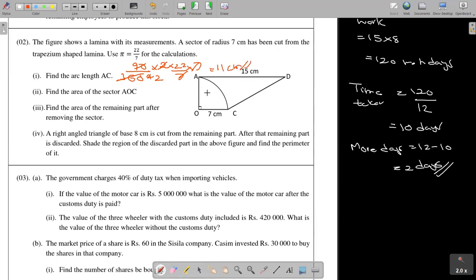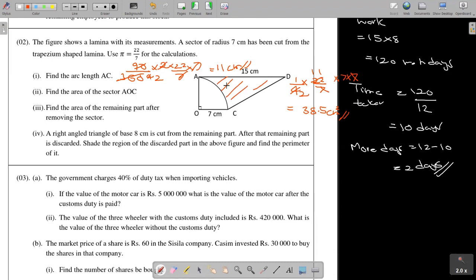Area. So this is 1 over 4 pi r squared, 90 degrees. Pi is 22 over 7. R is 7 into 7, 7 to 7 cancel. 77 divided by 2, 38.5 centimeters squared. So they are asking for the area of the remaining part after removing this.